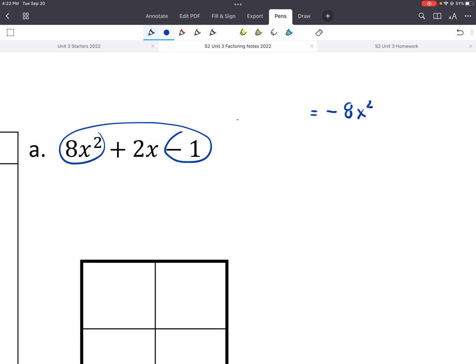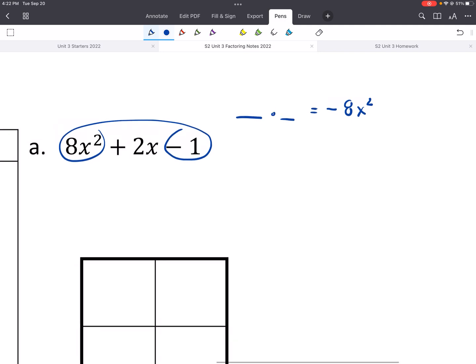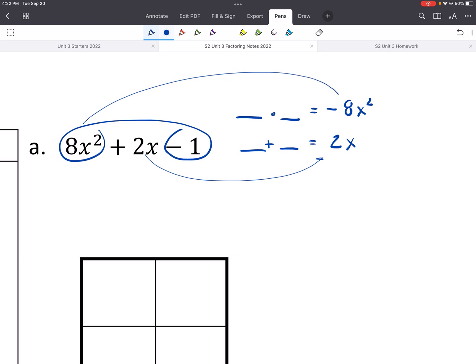What we want is to find two numbers that multiply to that, but those two things also need to add or subtract to give us the middle term. So this comes from here. Sometimes I call this the glasses. We need to find the two things that multiply to the glasses and add to the middle term.